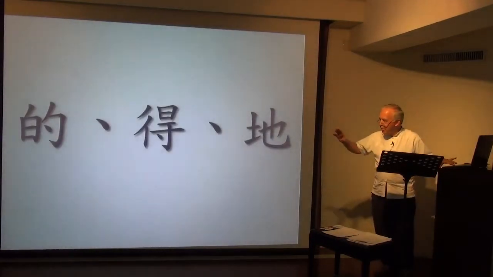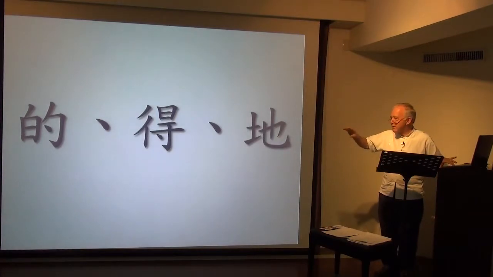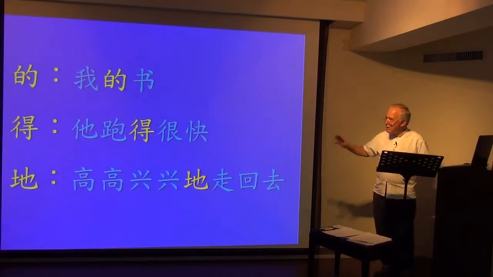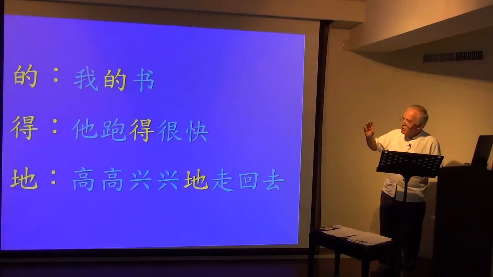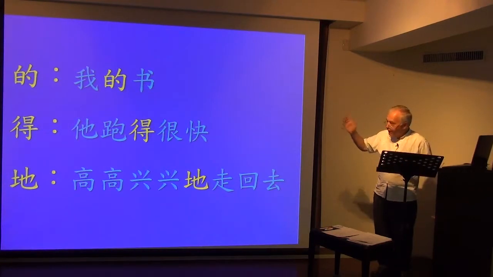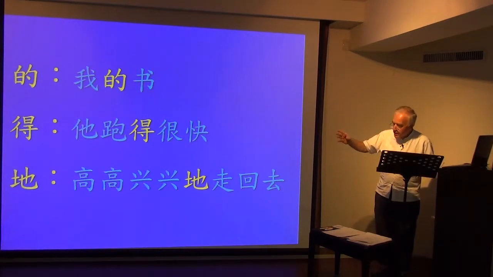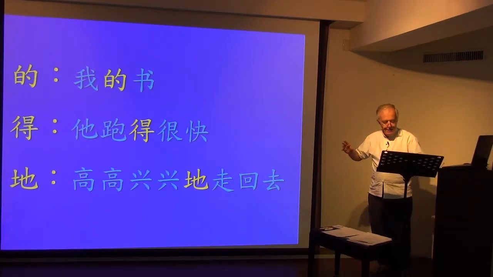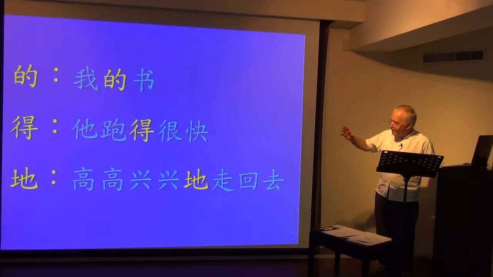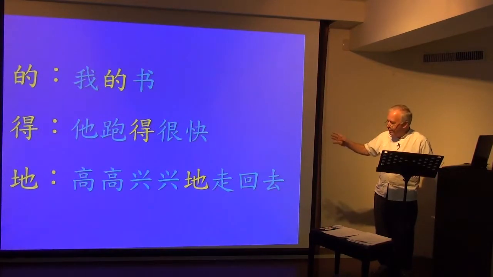Students often find the problem is what's the difference between 的 and 地? So let's just look at 3 examples. 的 indicates possession, 我的书, or modification, 很大的房子. 的, as we just said, indicates how actions are being performed. 他跑得很快.